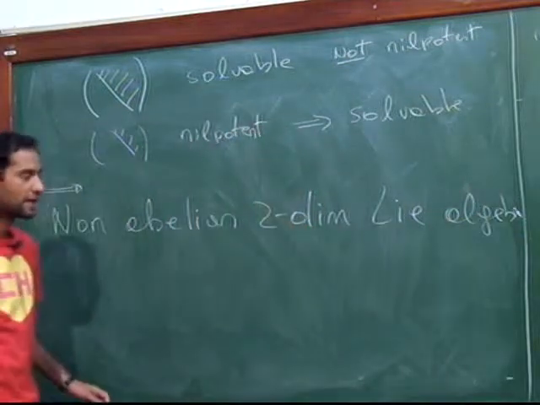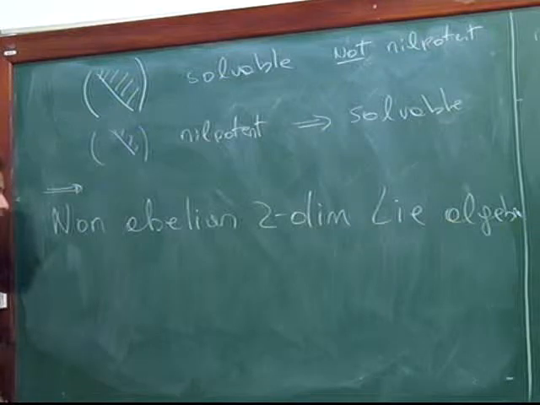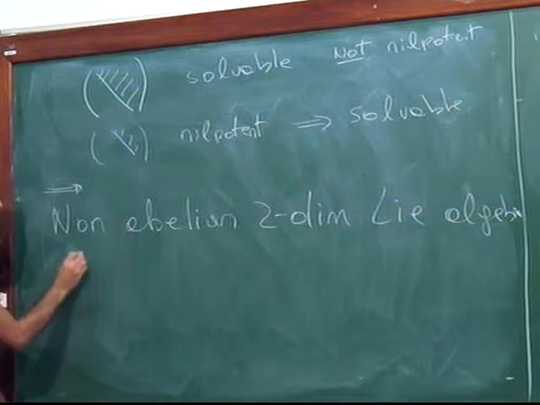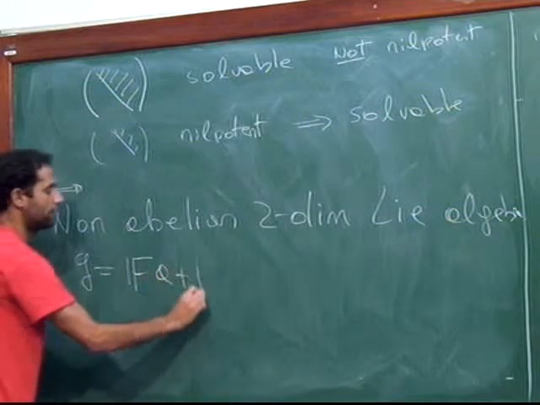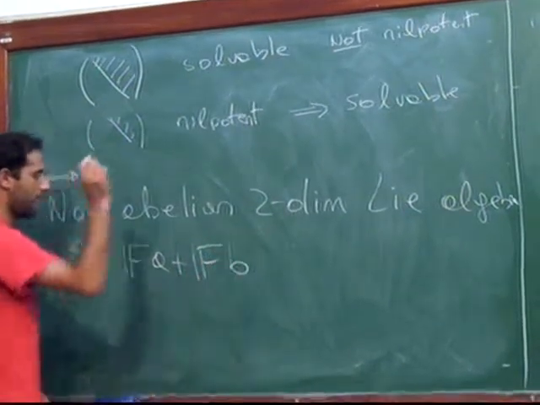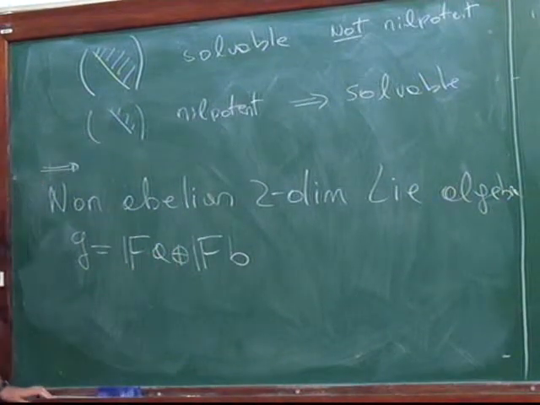I think the exercise is to find a matrix form for it. Well, then this algebra G is generated by two guys. Let's say they're called A and B, linearly independent objects.